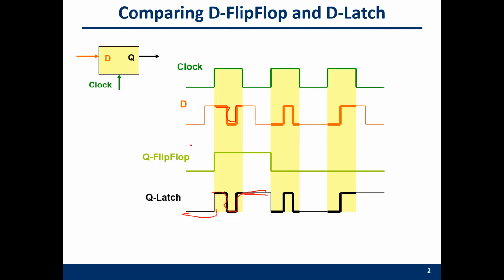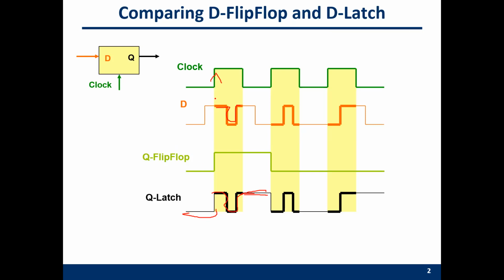When the clock is low or high, there's no change, and the output of the flip-flop will not change either. Only when there is a rising edge does the flip-flop change to its input.